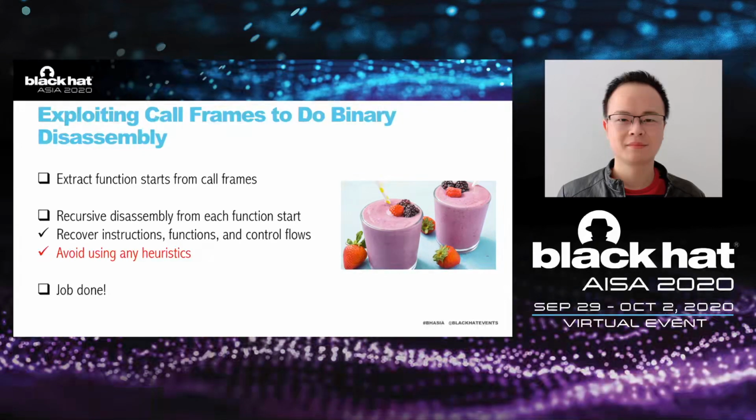Then, following each function start, we run recursive disassembly to detect instructions, function boundaries, and control flows. To ensure correctness, during the recursive disassembly, we avoid using any heuristics. So based on my description, with call frames, disassembling is fairly straightforward, pretty much like drinking a smoothie. But is that true?